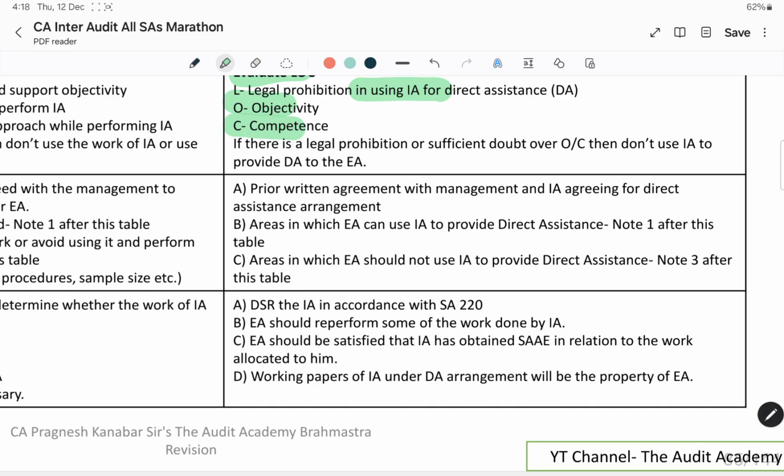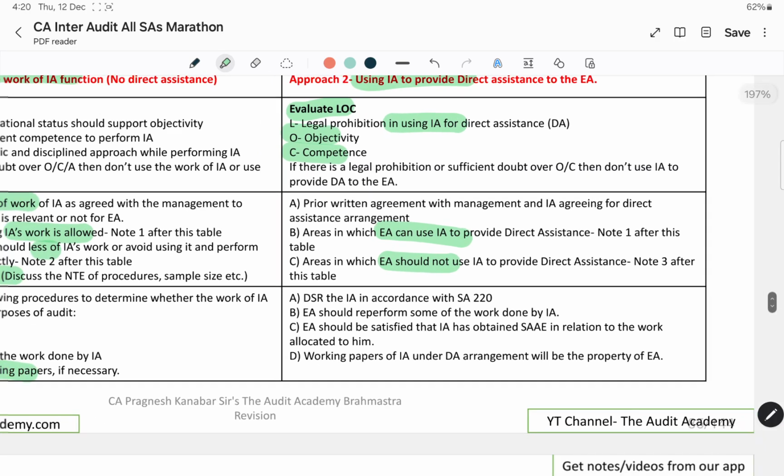Prior written agreement with the management and internal audit agreeing to the direct assistance arrangement. Areas in which the external auditor can use the internal auditor to provide direct assistance, and areas in which the external auditor should not use the internal auditor to provide direct assistance.